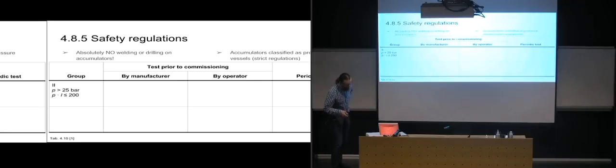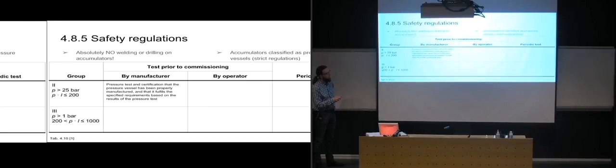And for group 3, we have a pressure greater than 1 bar. So group 3 will be between 1 bar and 25 bars. So then you have very low pressure in group 3, and then you have higher pressures in group 2. And then, of course, if group 1 had been in here, you would have even higher pressures there. And here you have a pressure volume capacity between 200 and 1,000 liters on these.